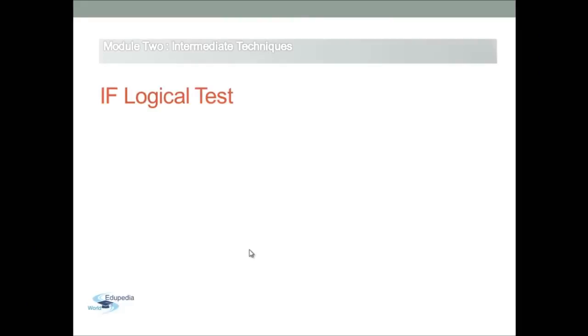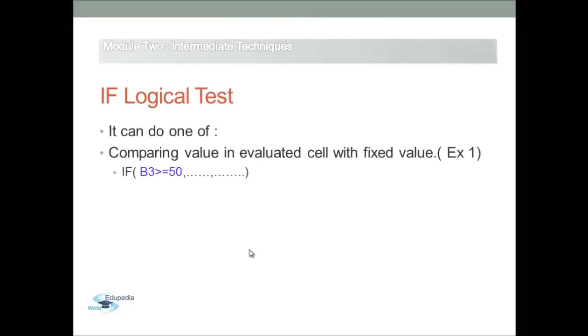In the previous example, the logical test was to compare the value in the cell with a fixed value. We were comparing the mark for the student in cell B3 with 50, because this is the known and fixed limit under which the student is failed and above which the student is passed.